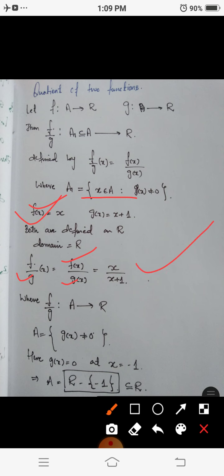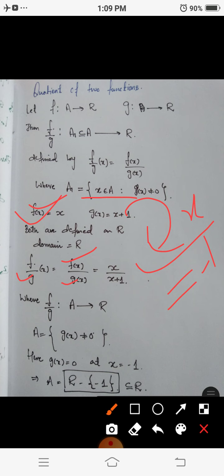So here we have to restrict the domain of f by g, the quotient function, because g of x is a function which equals 0 at x equals minus 1, the zero of this function. If we put x equals minus 1 in this function, its value becomes 0.